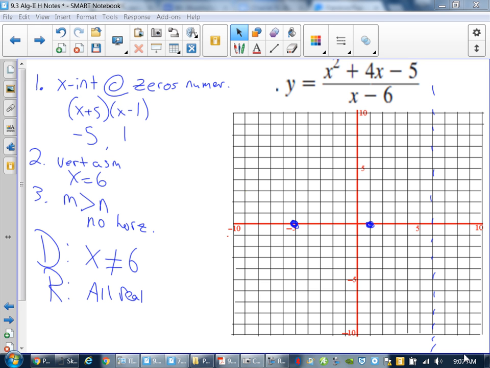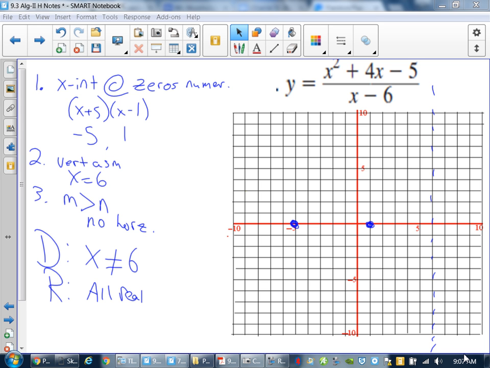Correct. Now, from there, it's a matter of picking a bunch of numbers to see what's happening.